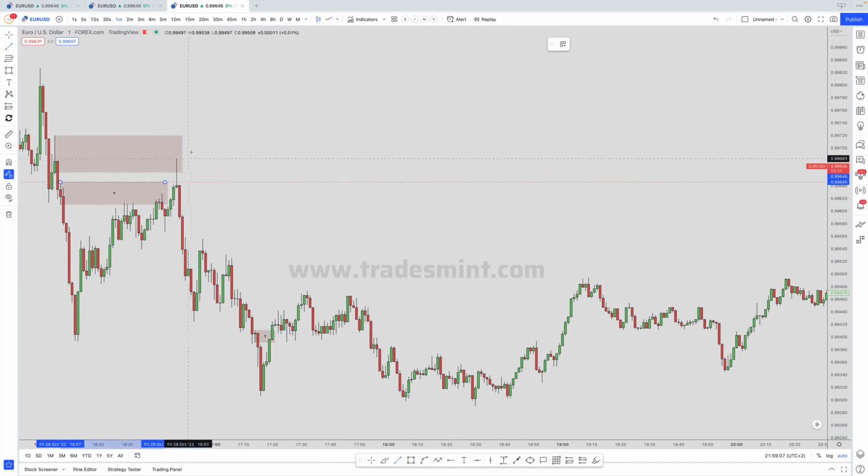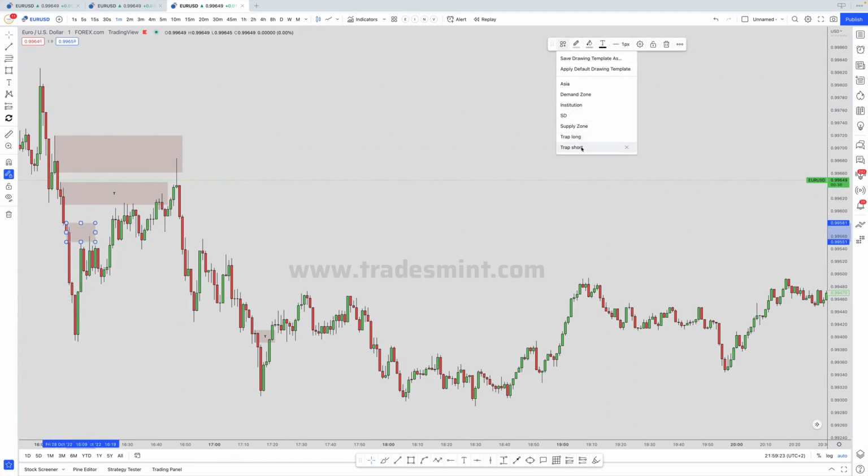The liquidity right before price is tapping into it. But in reality, this form of liquidity is a fake supply zone. This is what we can see. But also this one here is a trap zone, okay? This is also a supply trap zone. Everything starting there.